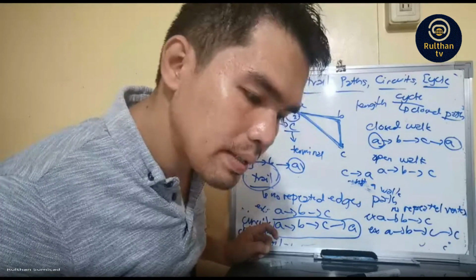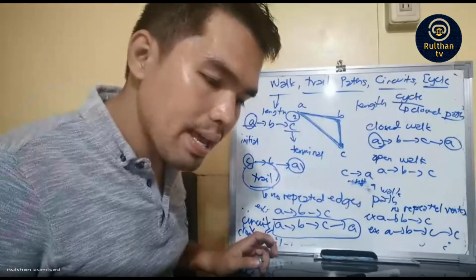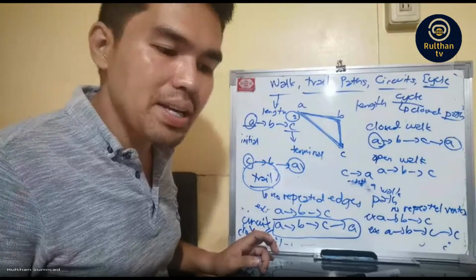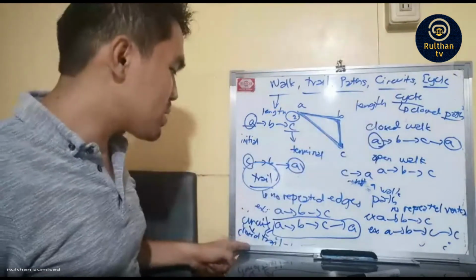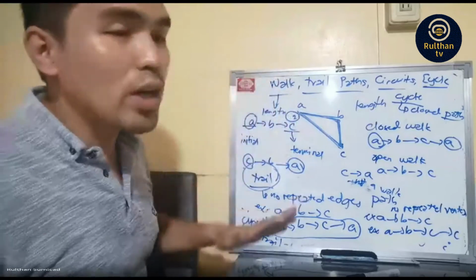A cycle is a circuit that does not contain any repetition of vertices. A cycle is a closed trail with no repetition of vertices.